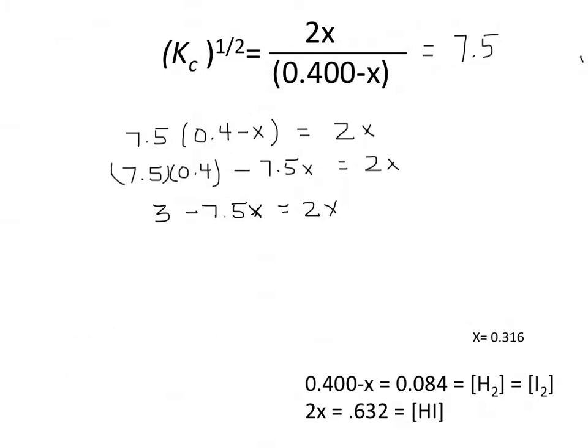Now I'm going to add 7.5x to both sides of my equation, which will give me 3 is equal to 2x plus 7.5x is equal to 9.5x.